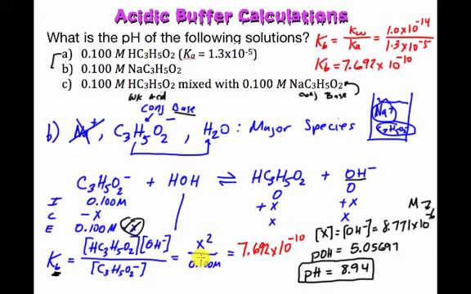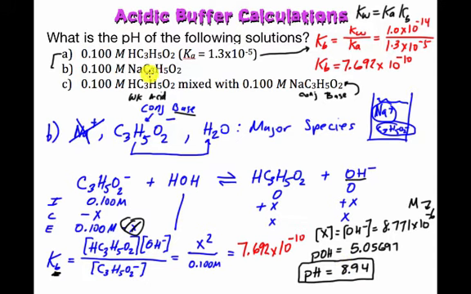Now, here's the other problem. Since I need Kb to solve this, I cannot use the Ka that they give me in the problem. So I need to do a little side step where I calculate Kb from Ka using Kw. Write the equation Kw equals Ka times Kb, solve for Kb, then plug that in, simplify, and solve for hydroxide, and then find pOH and pH.